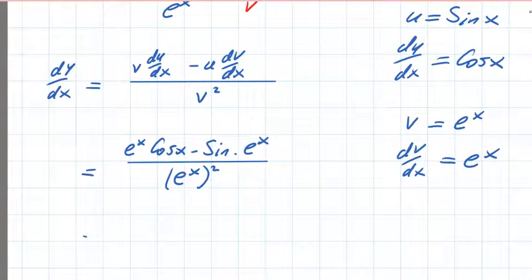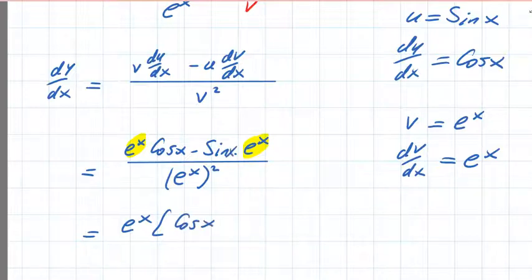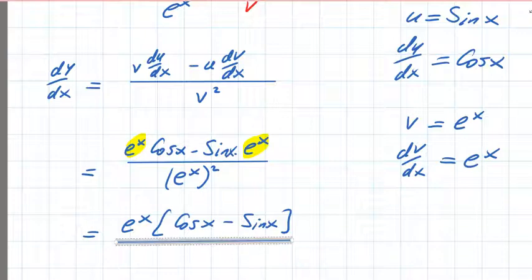Now this time you can factorize and simplify a little bit. Take out the e to the power of x, it's in both terms above the line. So e to the power of x is here and here, so take it outside. So you get e to the power of x times cos x minus sine x. And underneath the line you still have e to the power of x, squared.